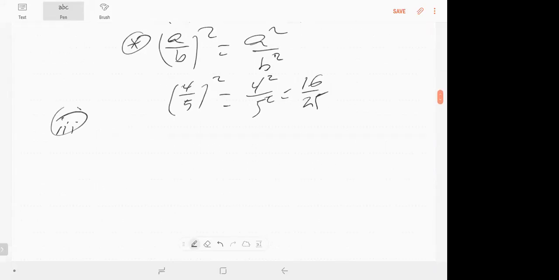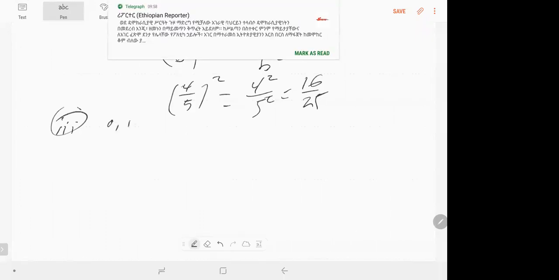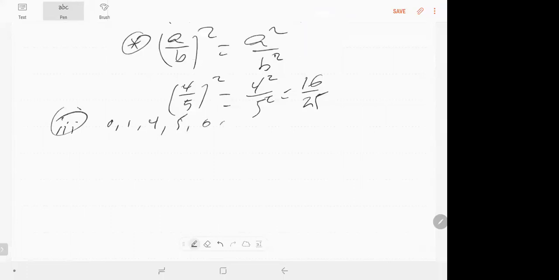The third property: the units digit of all square numbers ends with 0, 1, 4, 5, 6, or 9. So when you check all square numbers, their units digit is 0, 1, 4, 5, 6, or 9. You can check this.